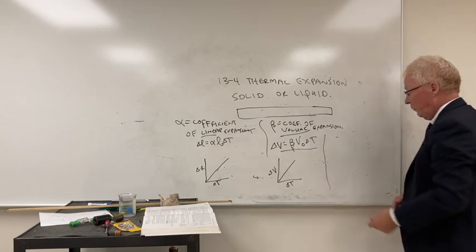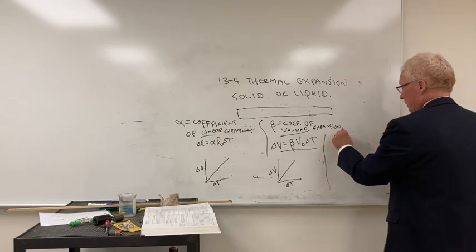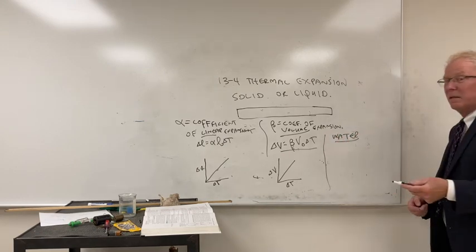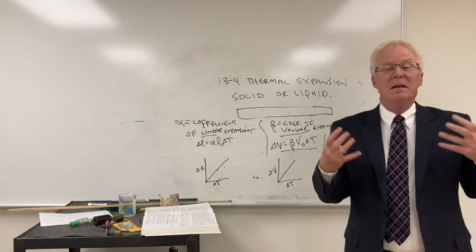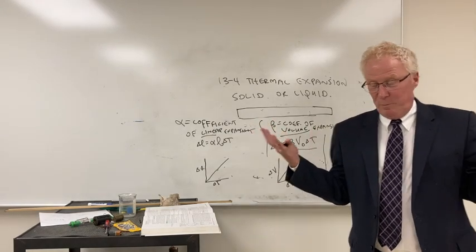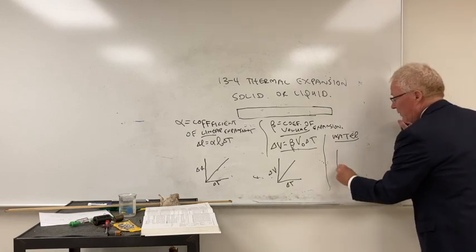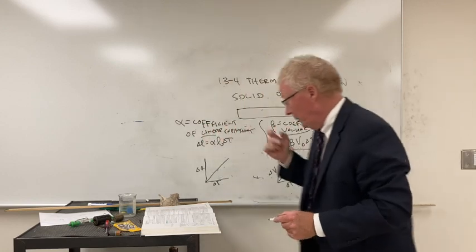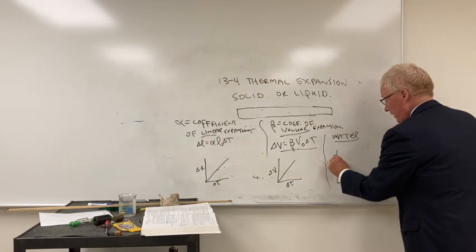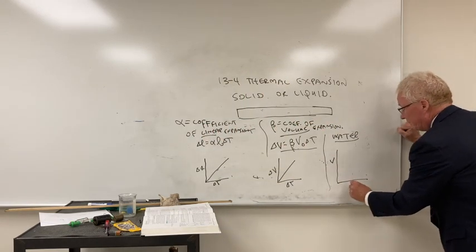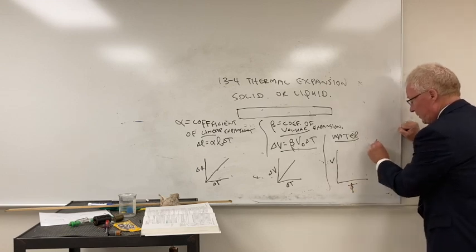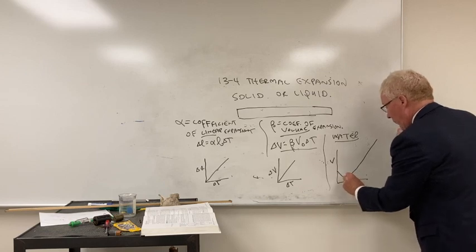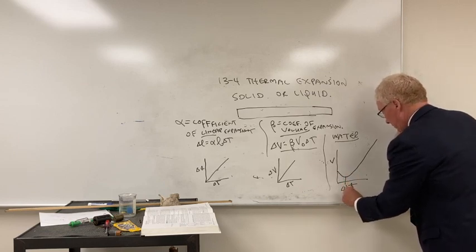Not everything works that way. Water, we'll get to that. Water is unique, and it's unique in the sense, which actually makes life possible, that if we look at volume, V, and temperature, it's mostly linear until we reach a point of about 4 degrees Celsius.